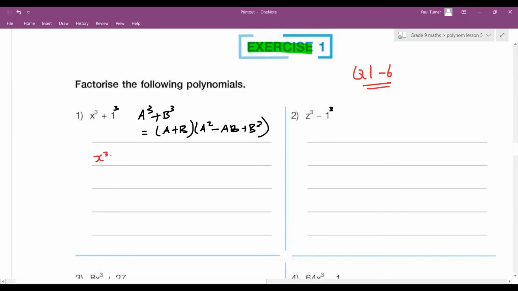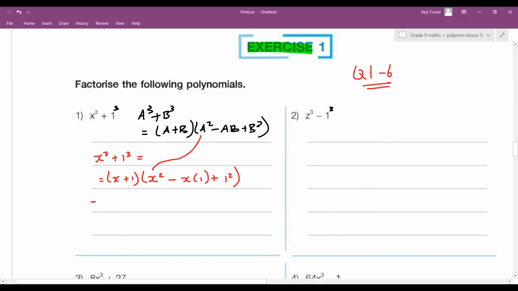So we can write it down as, let's use red, x cubed plus 1 cubed, which is x plus 1, x squared because of the a, minus ab, so that's x times 1, plus 1 squared.